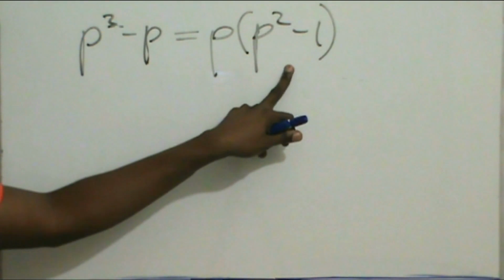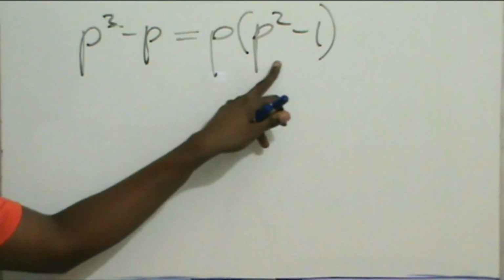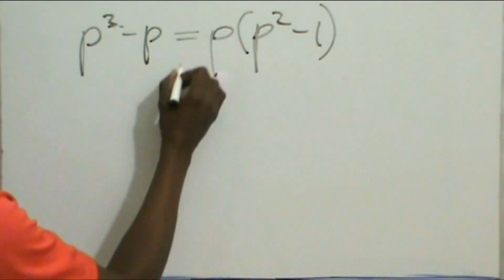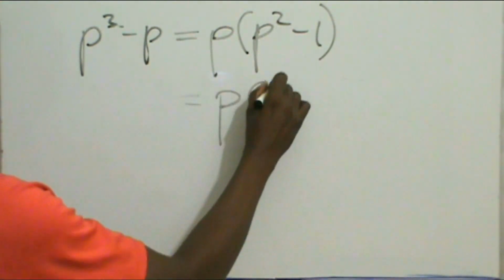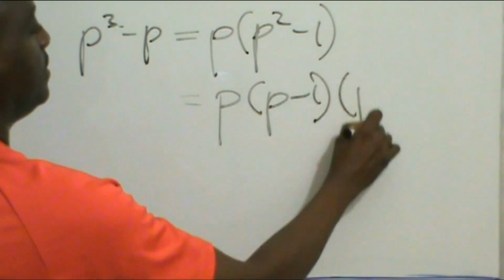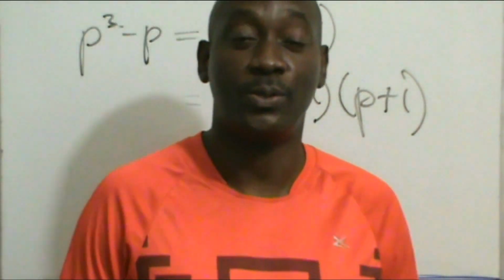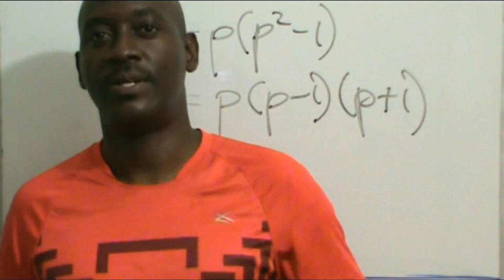The complete factorization would involve recognizing p squared minus 1 as the difference of two squares, so that the next line here would be p into p minus 1 into p plus 1. That is a complete factorization. That is what will get you full marks in a question like this.